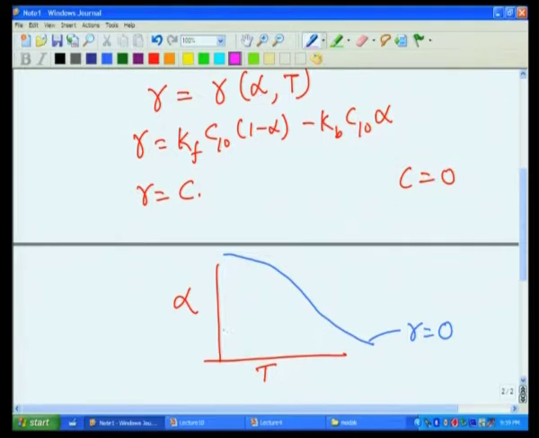So, let us say that I pick some value of alpha and fix it and vary this temperature and see what will happen to the rate of this reaction. So, in this expression over here, I have fixed alpha value and I am just going to change temperature.